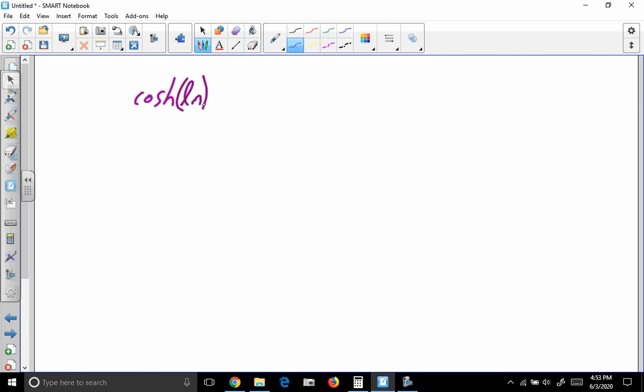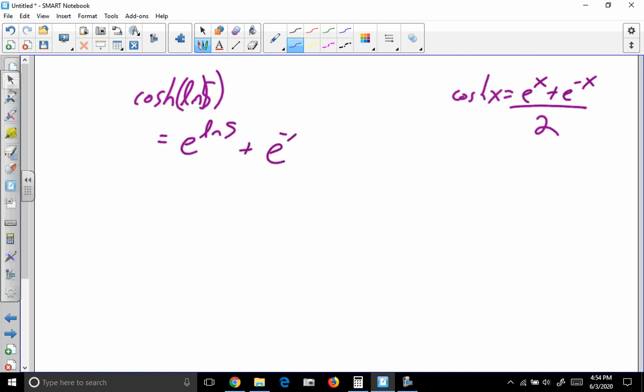Cosh of natural log 5. So remember, cosh x is e to the x plus e to the negative x over 2. So if we put a natural log of 5 in, we're going to get e to the natural log of 5 plus e to the negative natural log 5 over 2. So here, e to a natural log power, those cancel each other out and give us 5.